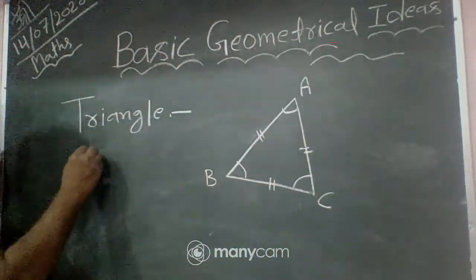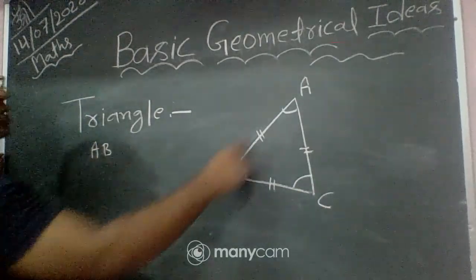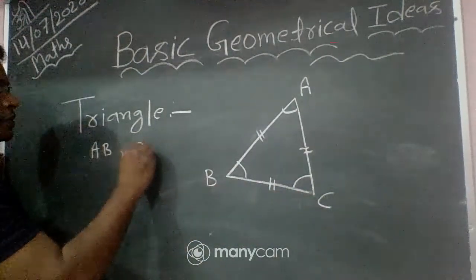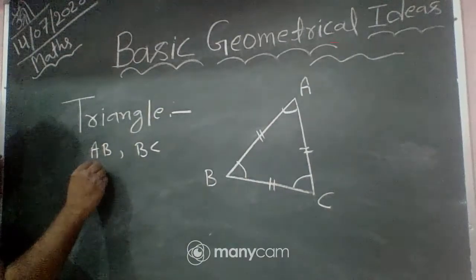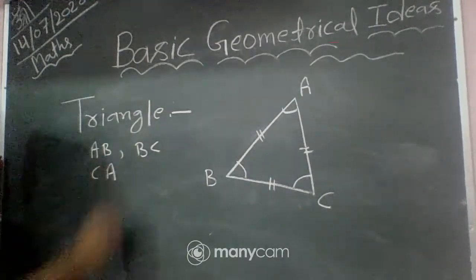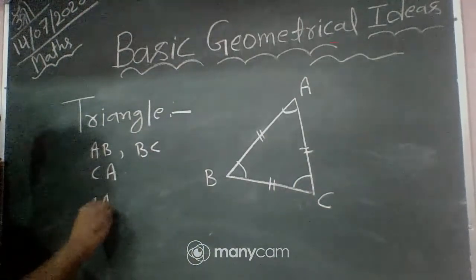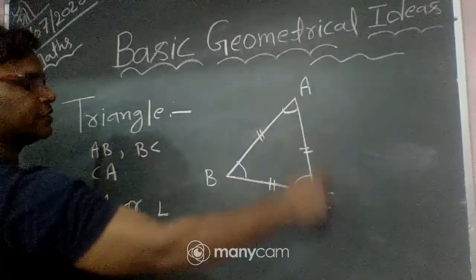This is side AB. This side is BC, and this side is CA or AC. This angle is angle A. You can write simply angle A, or angle BAC.